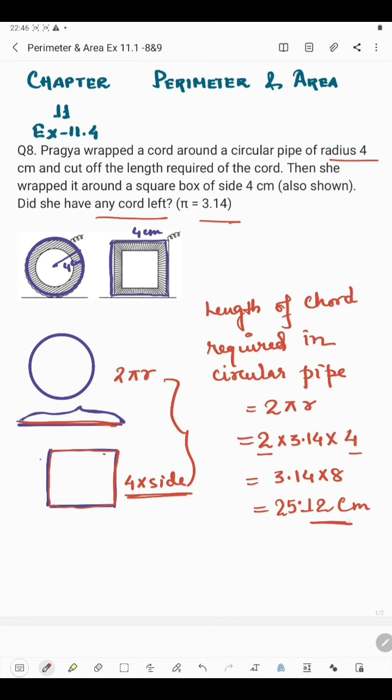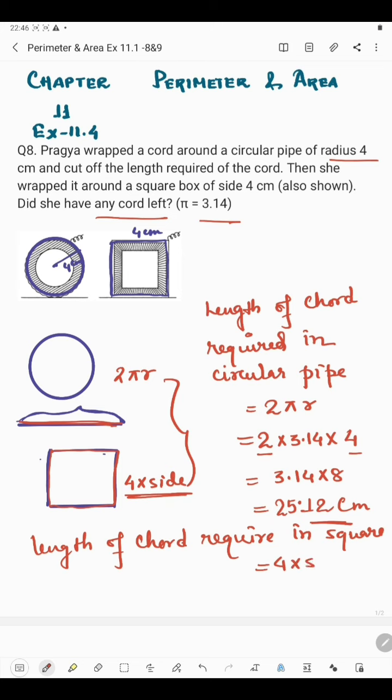Now she cut off the length required of the cord and wrapped it around a square box, right? So the length of cord required in a square will be 4 into side, and the side of the square box is 4 cm.